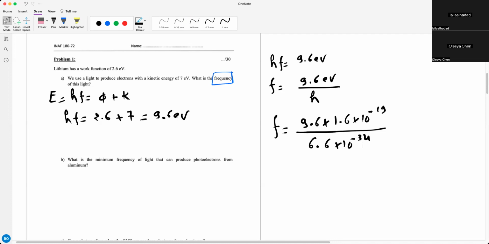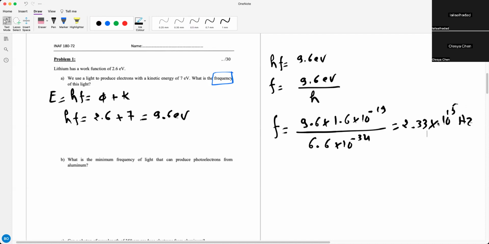So 9.6 multiplied by 1.6 times 10 to the minus 19 divided by this will give you 2.33 times 10 to the power of 15 hertz. This is the frequency of light.